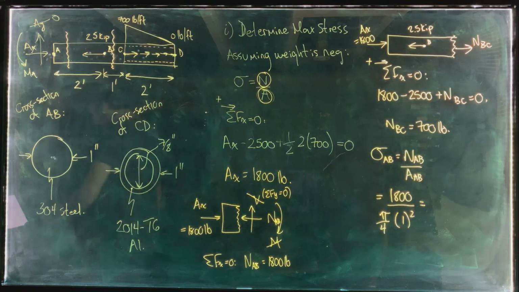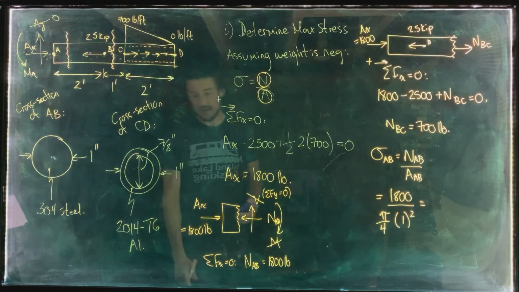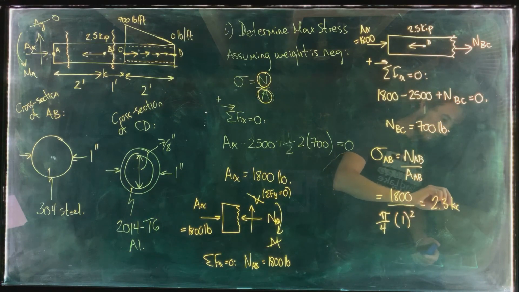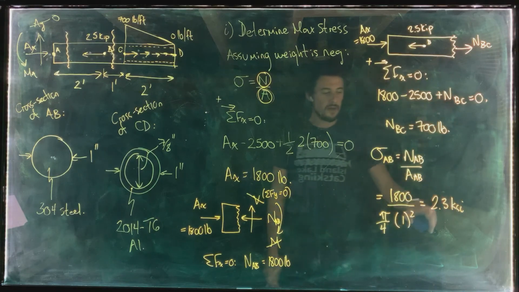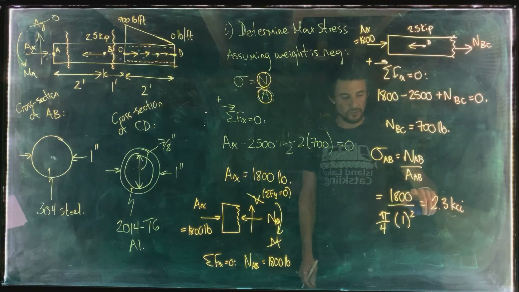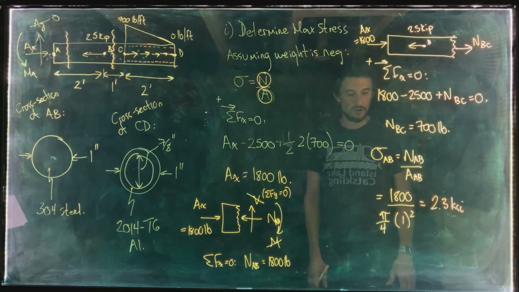So that gives us a value of, let's see, what did I get when I did that? I got 2.3 KSI. Now that number actually comes out in units of PSI, and I've divided by 1,000 to change it to KSI because we've got pounds and we've got inches squared on the bottom.